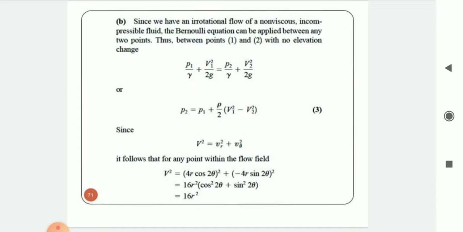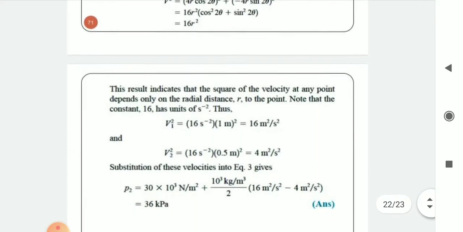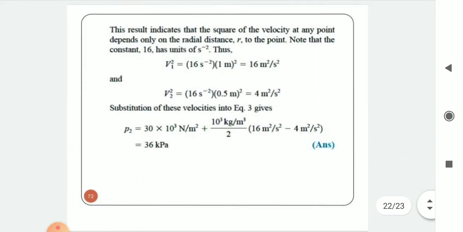So V² = 16r². These results indicate that the square of the velocity at any point depends only on the radial distance, r, to the point. Note that the constant 16 has units of s⁻².